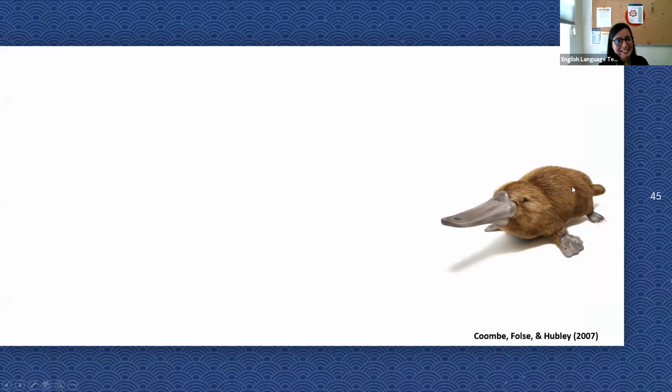I have to share this. There was a teacher that I know that, do you guys know this animal? The platypus. I don't know if it was a joke or if he actually did that, but he said that for every multiple choice item that he created, he used the word platypus as one of the distractors. So no matter what kind of test it was, he would always include platypus as one of the distractors.